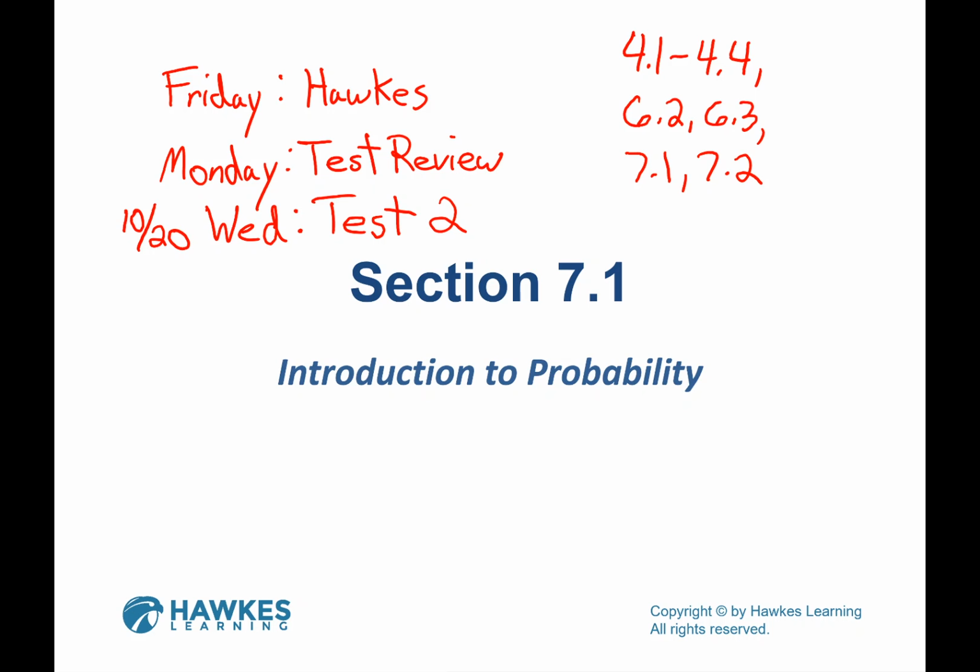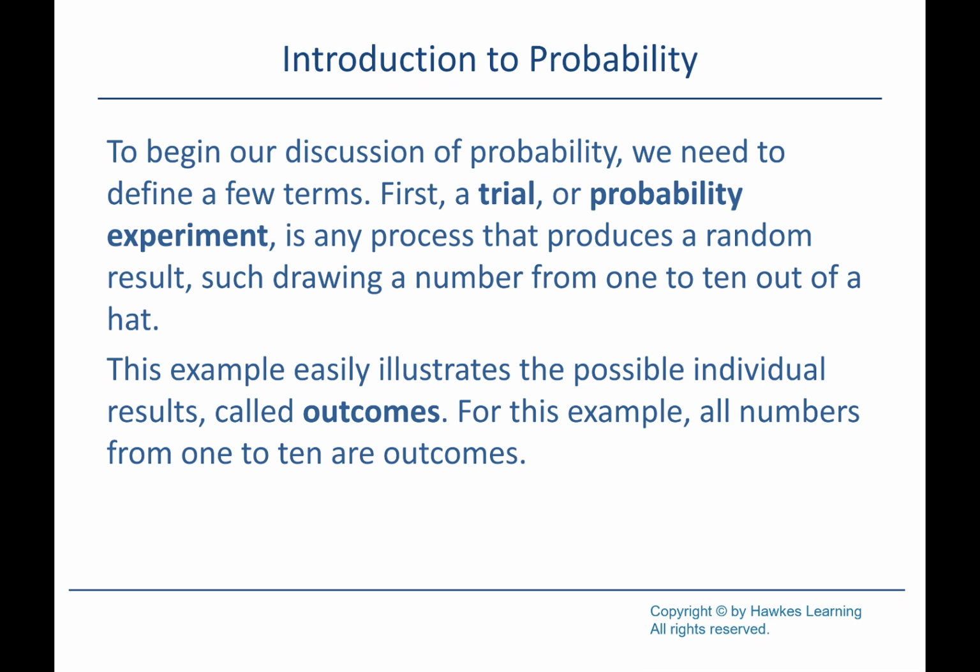All right. So, well, look here. We're just going to calculate some basic probabilities in this section. All right. So we've got a little bit of vocabulary we need to get to, and we'll look at the definitions here in a second.